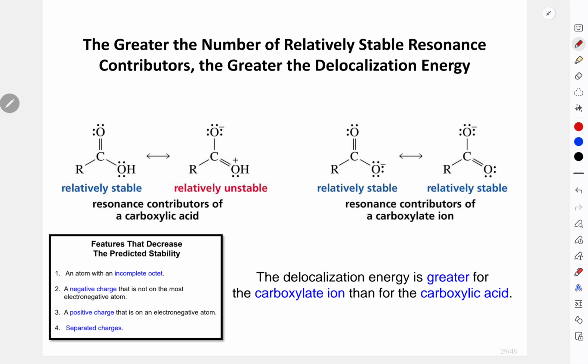So these two have different energy, whereas these two have almost identical energy. In this case you will get greater delocalization energy. So the carboxylate anion will have greater delocalization energy, resonance energy in other words, than the neutral carboxylic acid case.